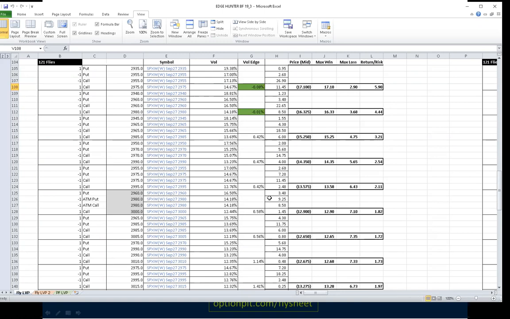Because sometimes just a standard fly is best. Generally, those are the ones where you're really trying to pin a strike around expiration. That's when this has shown the best use, like 2 to 3 days before expiration, and the market is bidding the crap out of the one at the money.